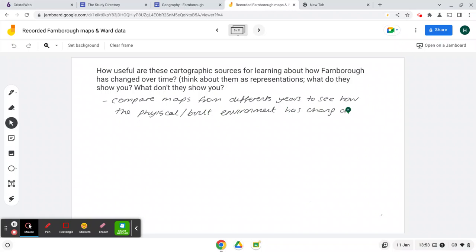So these maps here for Farnborough show us that it's gone from a rural to an urban area. And you could use some examples from the different maps to say how it shows that.